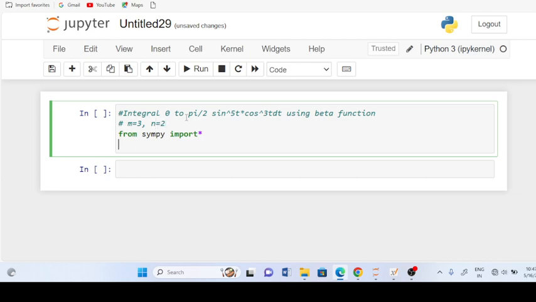Here m equal to float, since sometimes instead of an integer we may get m as a float also.